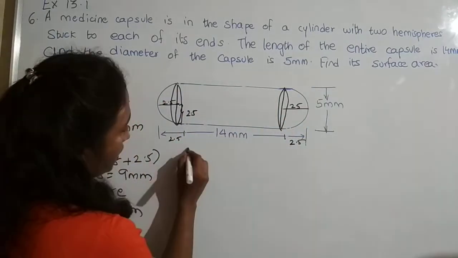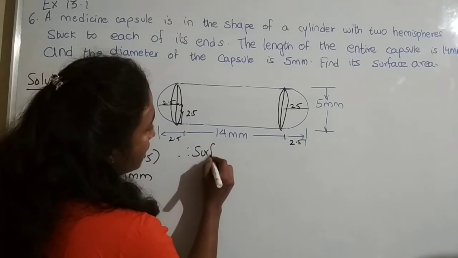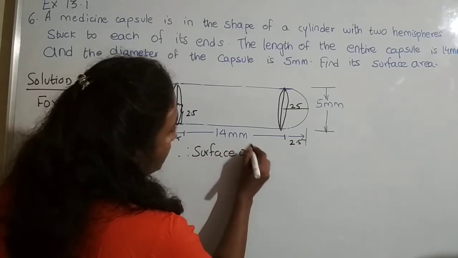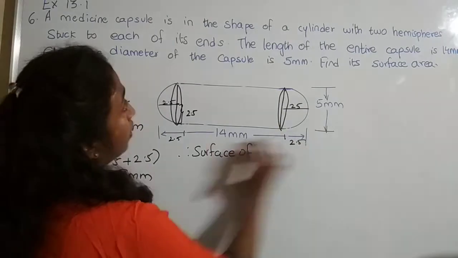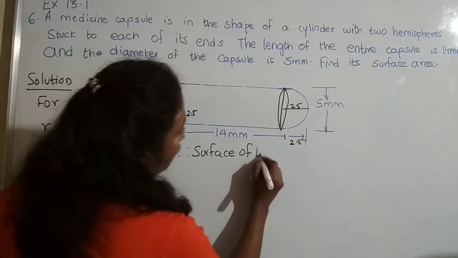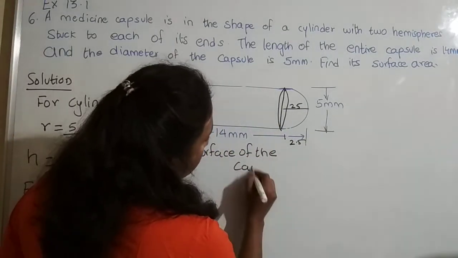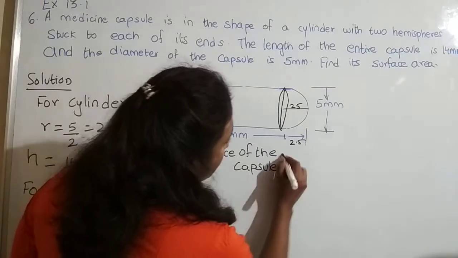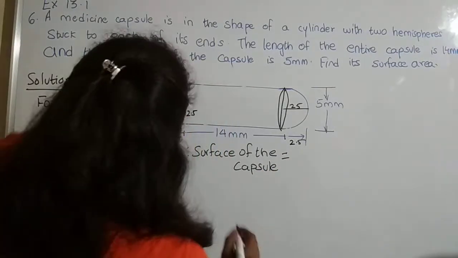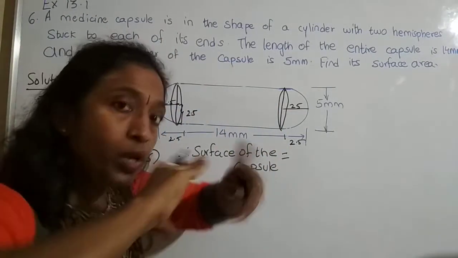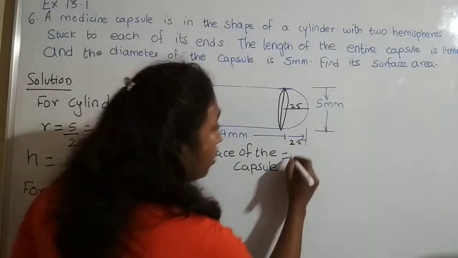You have to find the surface area. Therefore, the surface area of the capsule is a combination. It is nothing but the outer portion, that is the CSA.